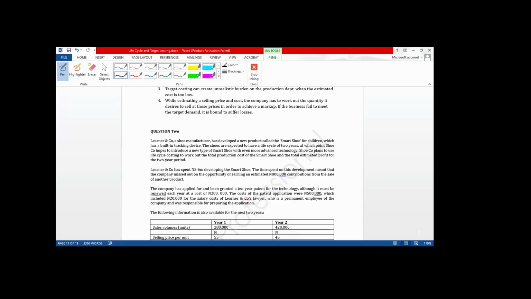The shoes are expected to have a life cycle of 2 years, at which point Learners and Co. hopes to introduce a new type of smart shoe with even more advanced technology. Please remove that word shoe and co. The name is Learners and Co.